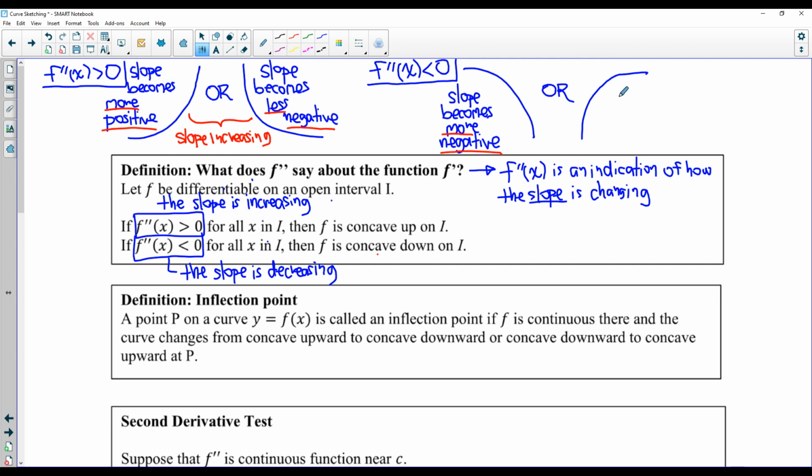So what's happening on this curve as you go from the left to the right-hand side is that your slope becomes less positive.